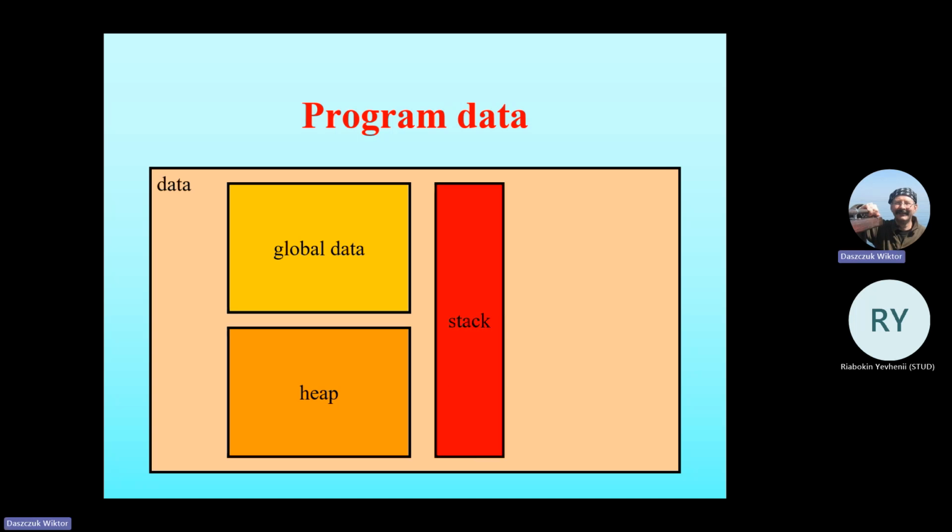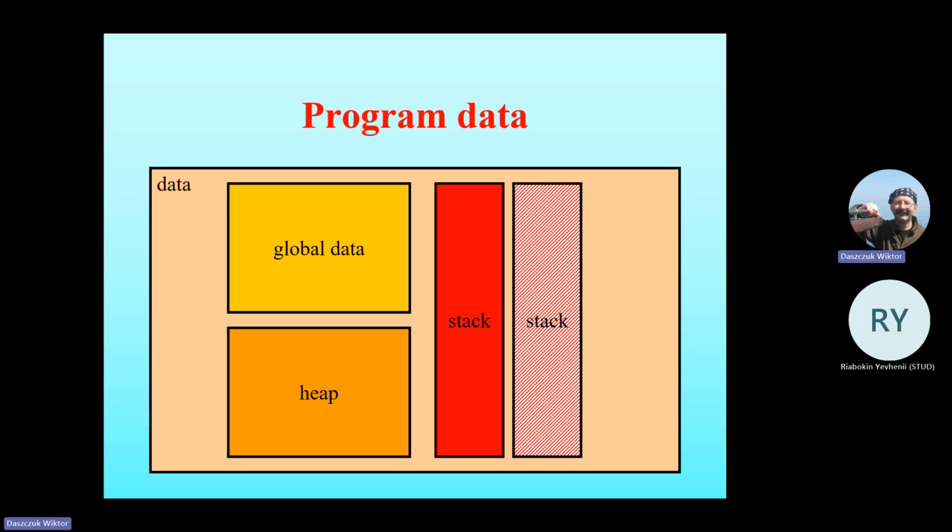This is heap. And a stack. Stack reflects the nesting of subroutine calls in the program. So main is always at the bottom, and main calls other subroutines, and every called subroutine that has not finished has a frame on the stack.